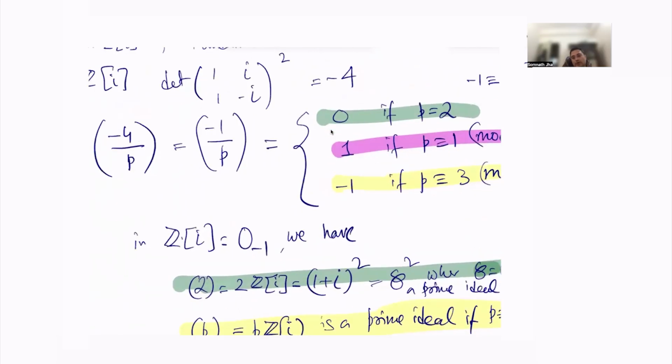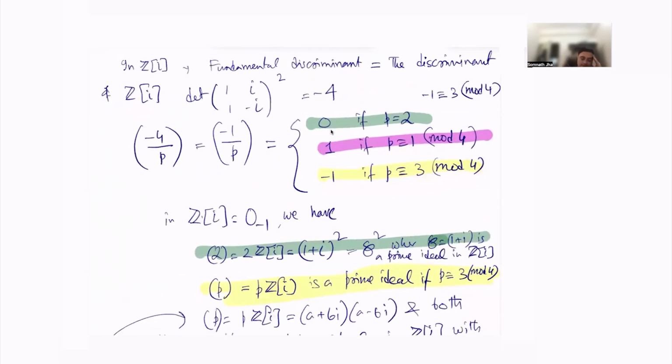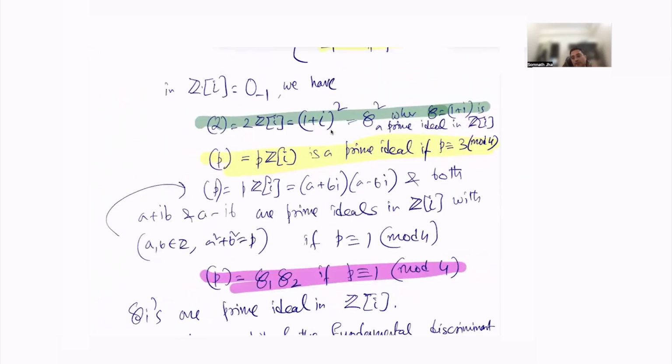The Legendre symbol of the fundamental discriminant determines how that prime behaves when you extend that prime.